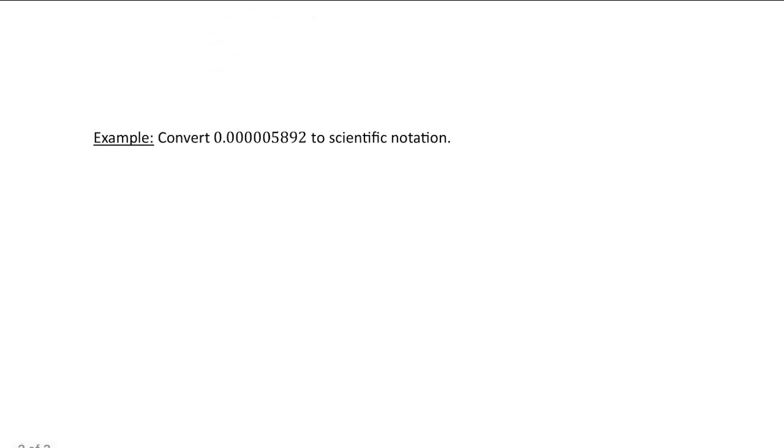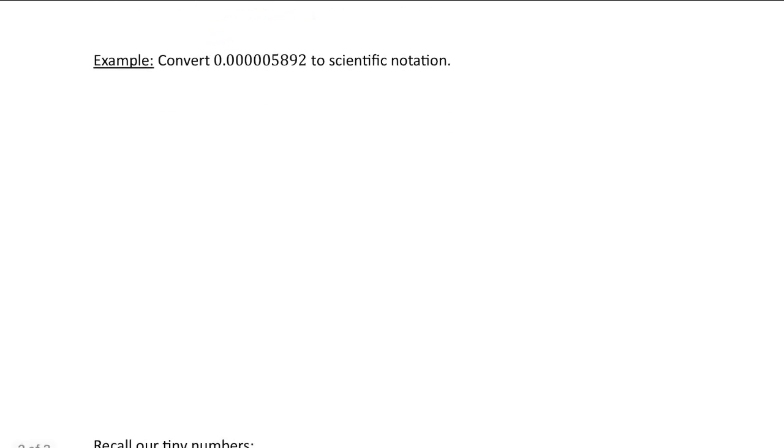Now, if we want to go the other way around, if we want to convert to scientific notation from decimal notation, how do we do that? Well, in this case, notice that our first non-zero number here is 5, so we're going to put 5.892. And then how many decimal places does the decimal move from 5.892 to 0.000005892?